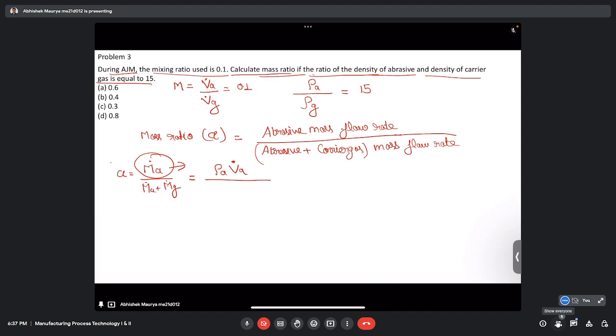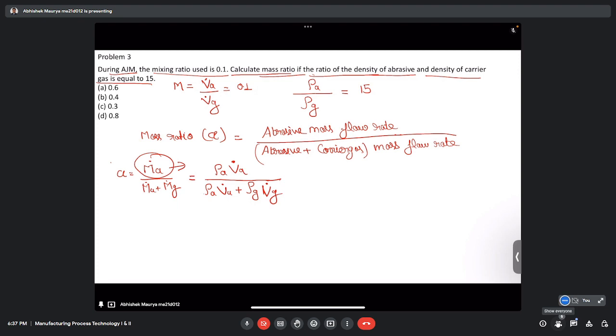Okay, and similarly, the bottom we can also write like this. Here, density of gas multiplied by volume flow rate of gas.